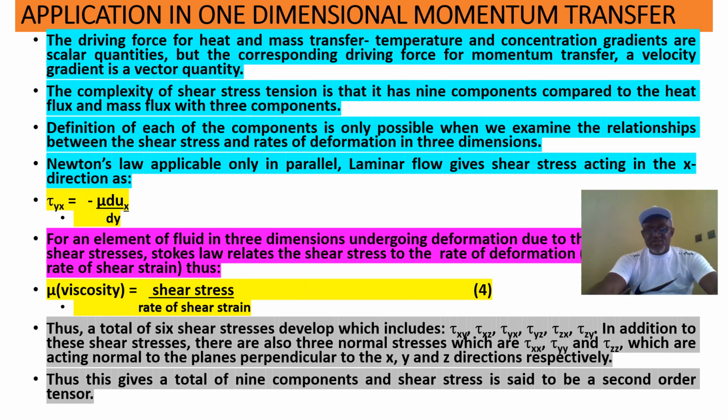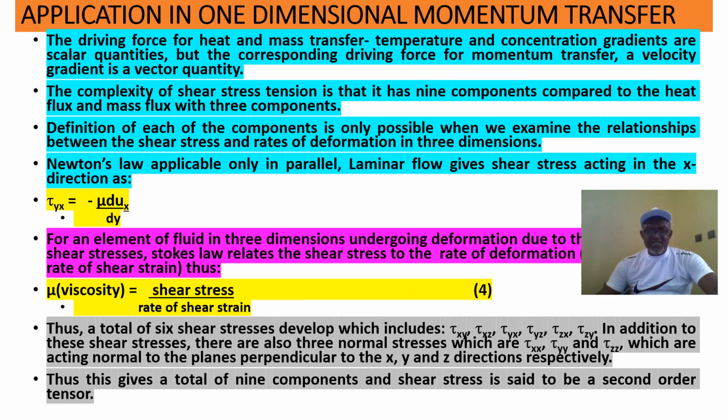Because it's a vector, there will be shear stresses developed, and we also have some normal stresses as outlined below. Newton's law applicable in parallel laminar flow gives the shear stress acting in the x direction as that equation for Newton's law of viscosity, which means we have shear stress over rate of shear strain.